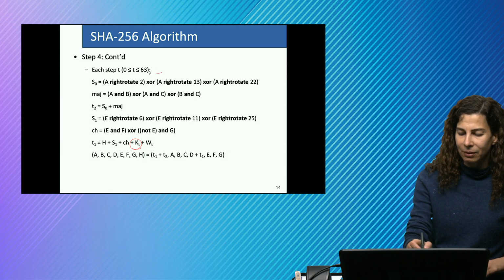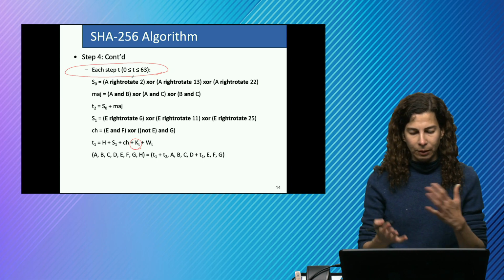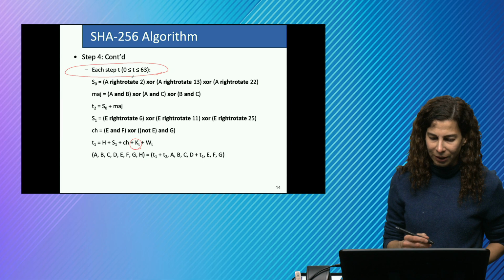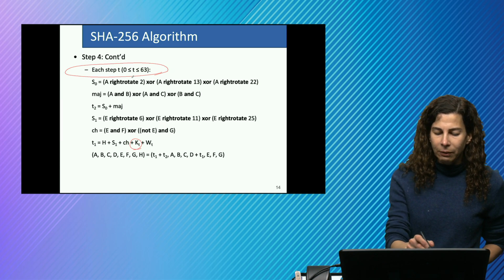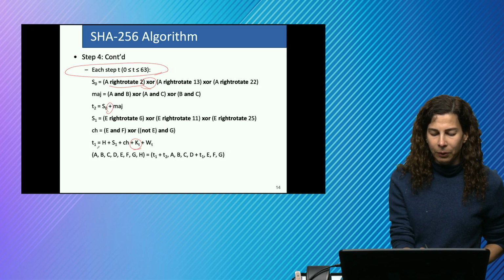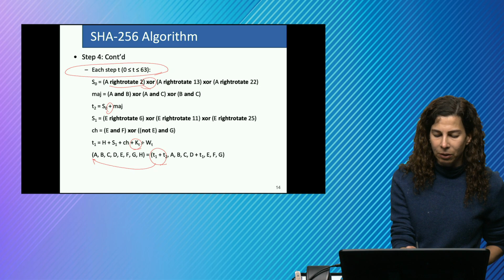So basically, these are the details of the step for the steps that go after that original step in step 4. So again, we have some right rotate and some XOR here, some addition, and then the T1, which is added to the T2 and goes to the first register, is calculated here.